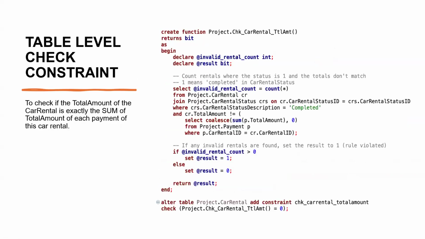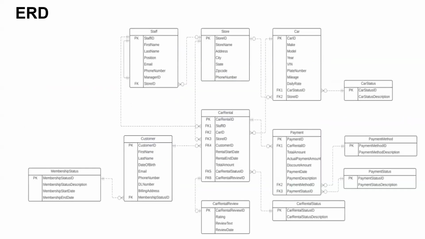The next one is a table level check constraint. So we added a table level constraint to car rental to check whether the total amount of the car rental is exactly the sum of the total amount of each payment of this car rental. Let's go back to the ERD.